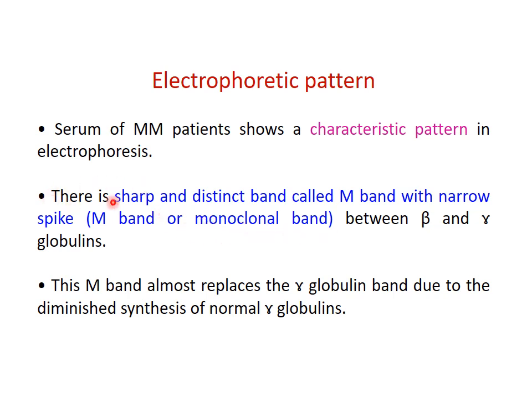It is positioned between the beta and gamma portions of the globulins in the electrophoresis. The M band almost replaces the normal gamma globulin band due to diminished synthesis of normal gamma globulin. Obviously, if the abnormal type increases, the normal type diminishes.